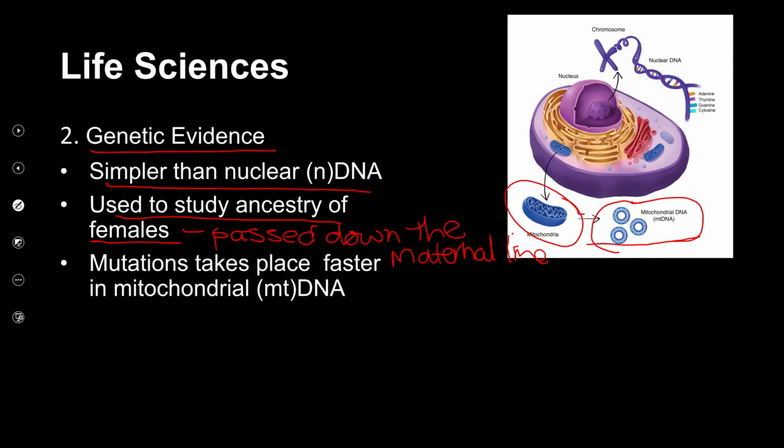As I mentioned just now, mutations take place much quicker than in nuclear DNA, so this is why we use mitochondrial DNA. And please note that we abbreviate mitochondrial DNA: we write MT and then DNA. That is what it is known as.